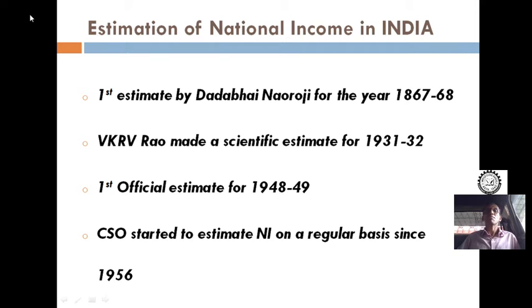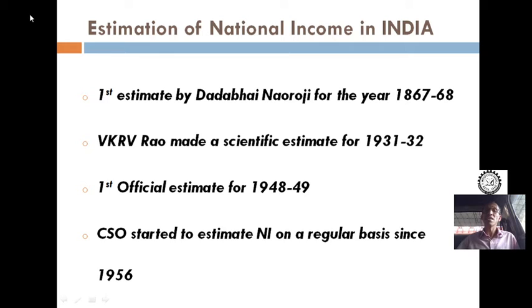Now, estimation of national income in India. In India, the first estimate of national income was made by Dadabhai Naoroji for the year 1867-68. Then V.K.R.V. Rao made a scientific estimate of national income for the year 1931-32.